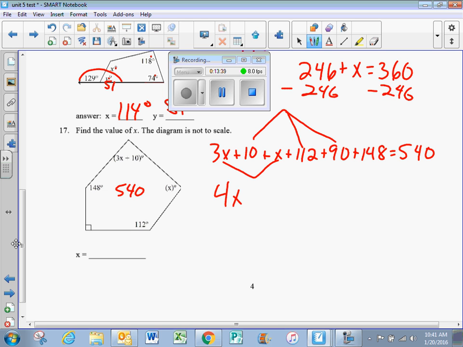Plus 90 is 212. Plus 148 is 360? No. Yeah. Is that right? I think that's right. The answer for x is not 114, it's 142.